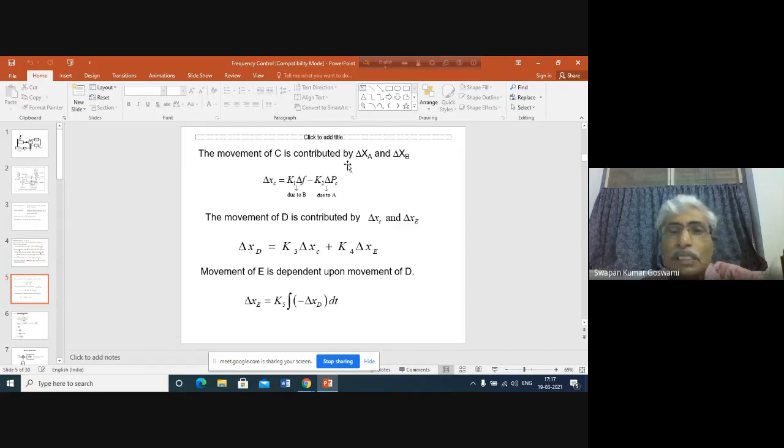So these are the equations that will be utilized. Now you put delta XC equal to K5 by S minus delta XD(s). Put the value of delta XD(s) here, so you will have delta XC(s) again; bring delta XC(s) on that side.